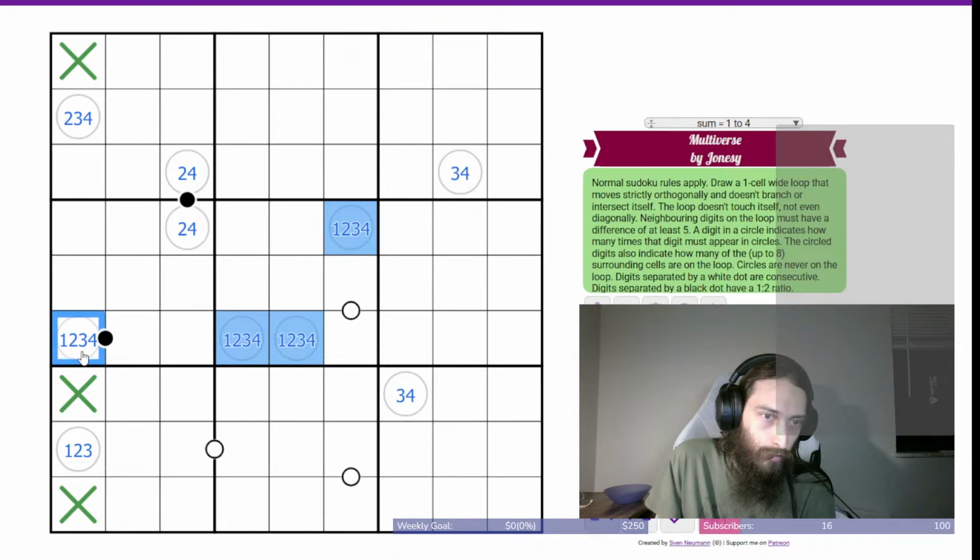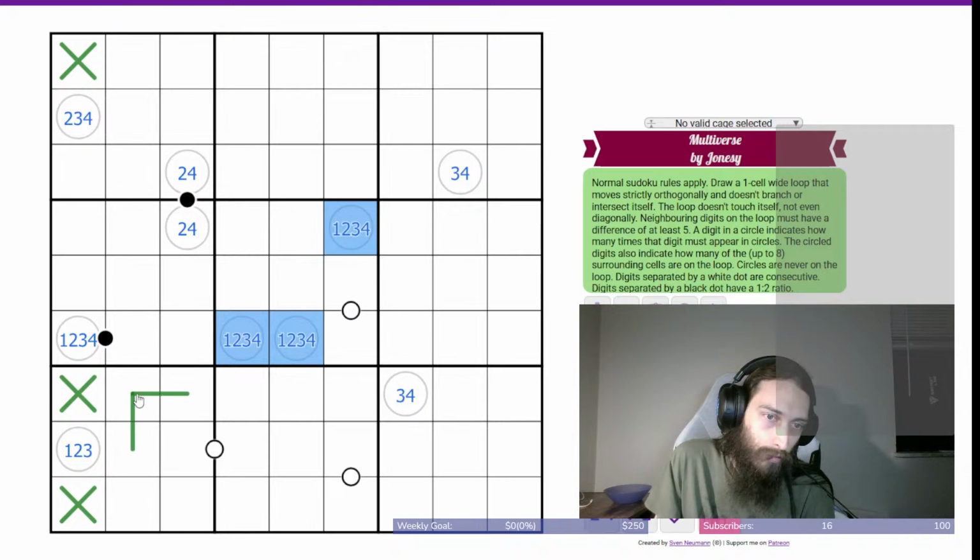So then what about this one? That one would be forced to be not a 1. This one, I could do 1 and 2 here. But that one wouldn't be.